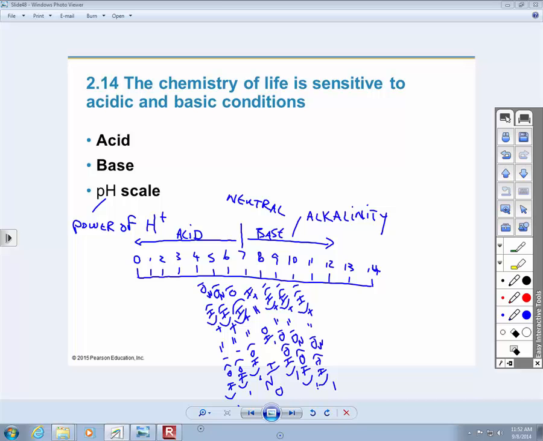Acids, bases, pH, they're not that complicated when you really look at it. Once you understand, this means power up. And by the way, that p is a small p and that H is a capital H because that stands for the hydrogen ion. So it is pH, small p, capital H. If you write it capital P, capital H, that is wrong.